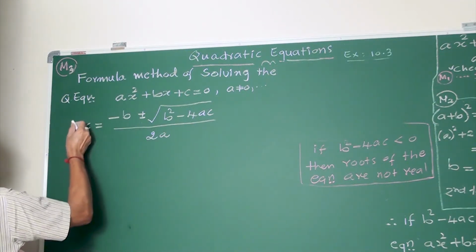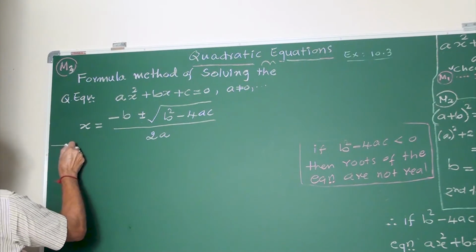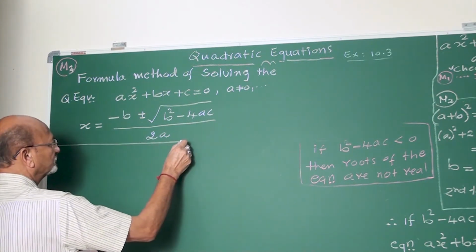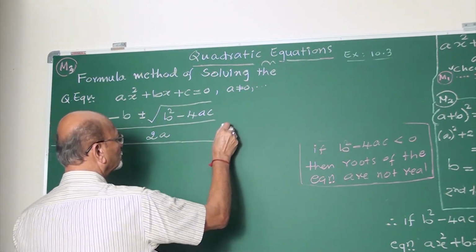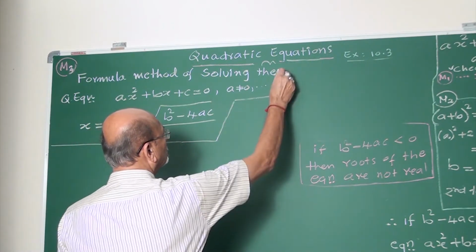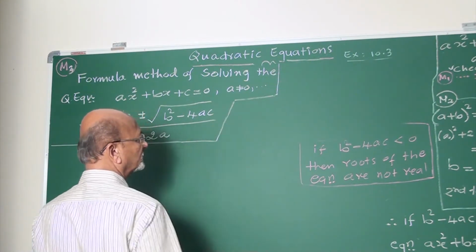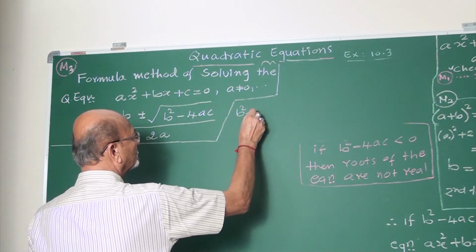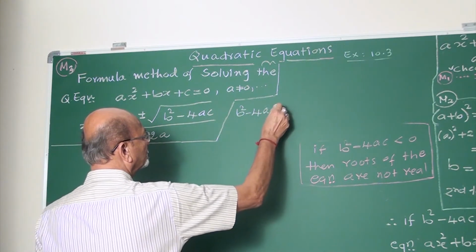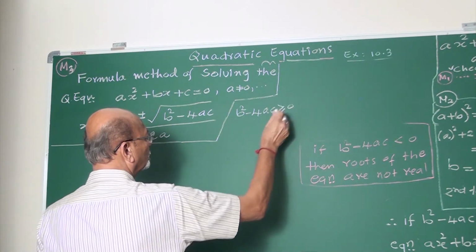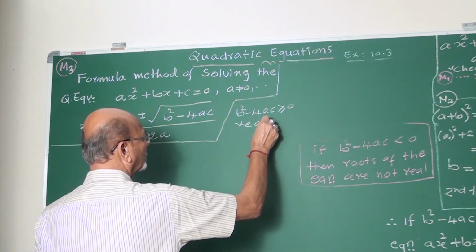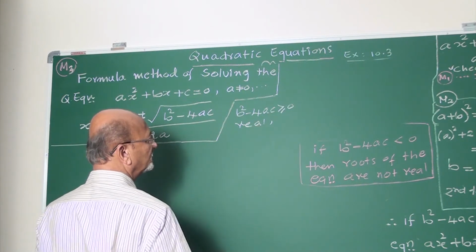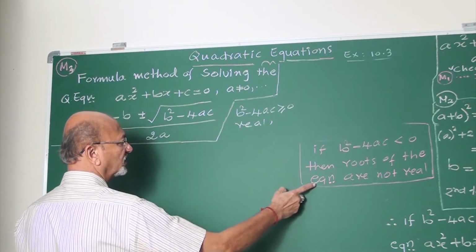Remember this, my friends. What is another thing? If this b square minus 4ac is greater or equal to 0, roots are real.